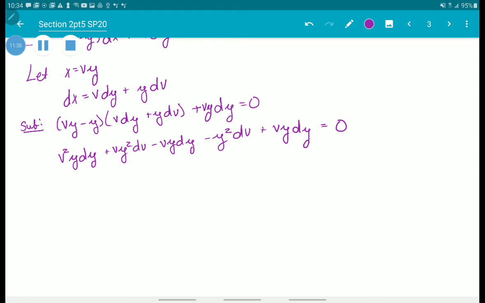So then we want to look and see if anything is going to cancel and reduce. The vy dy terms are going to cancel. So we have v squared y dy plus vy squared dv minus y squared dv is equal to 0. So I'm going to move all the dv terms to the other side.